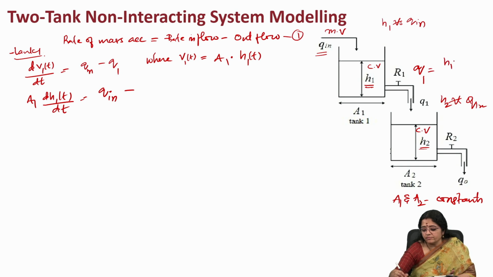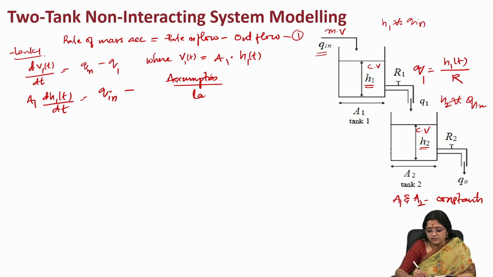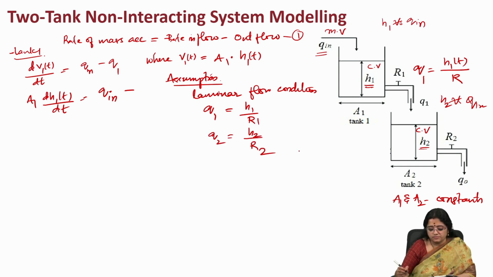Q1 can be derived from H1(t)/R1, which was already explained in the earlier sessions, and because we are assuming laminar flow condition, Q1 is equal to H1/R1, and similarly Q2 is equal to H2/R2.